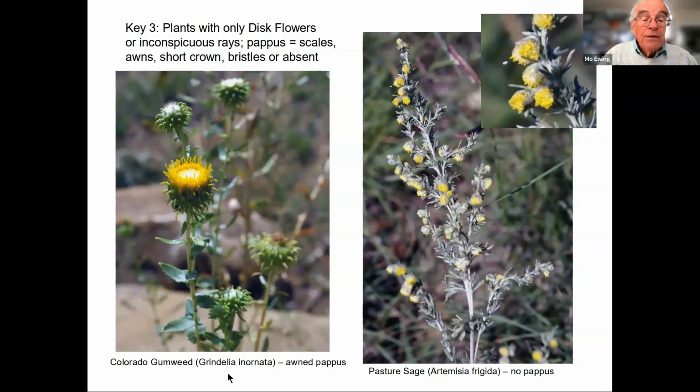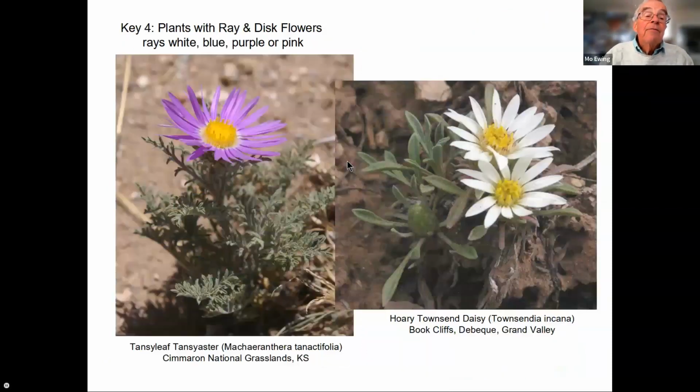This guy here is Grindelia inornata, and he has an awned pappus. And pasture sage, Artemisia frigida, doesn't have any pappus at all. So that's key 3. And then key 4 are plants with ray and disc flowers, but the rays are white, blue, purple, or pink.